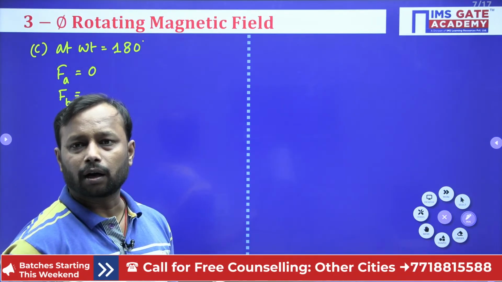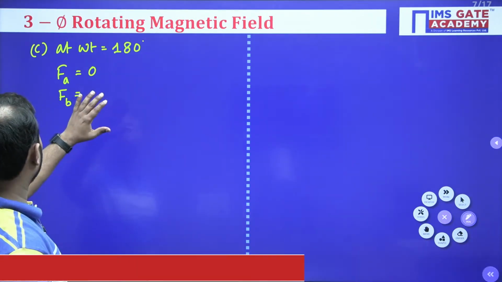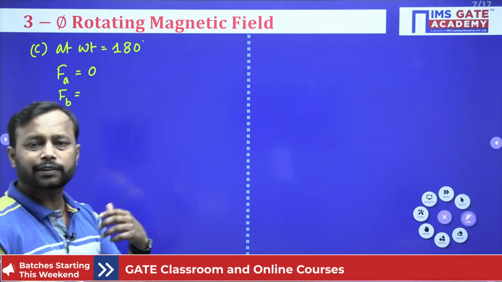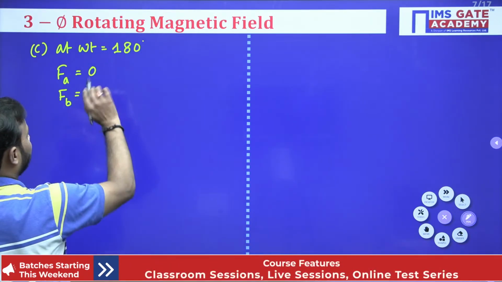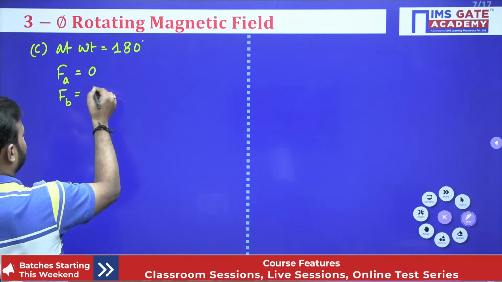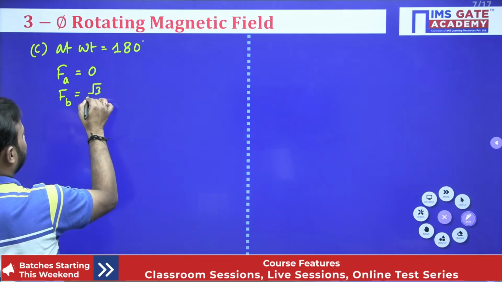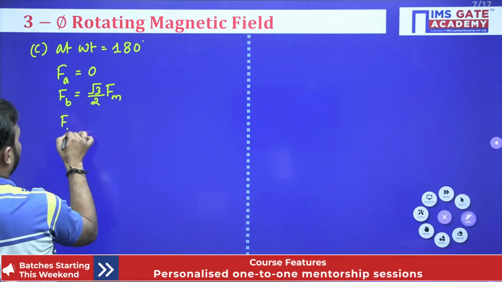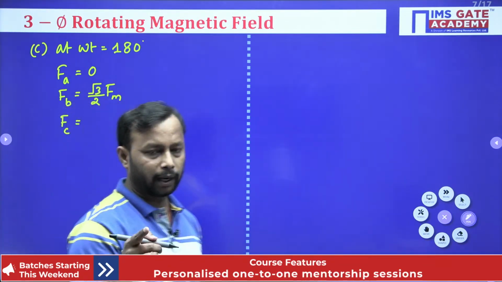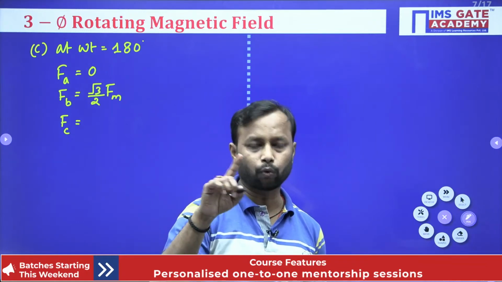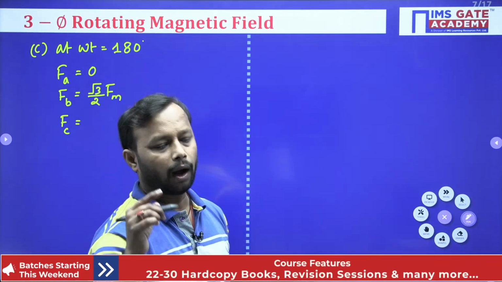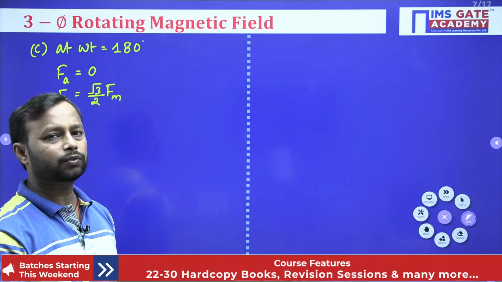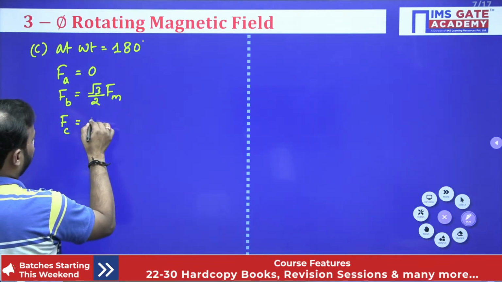All right. So what is Fb? Fm sine omega t minus 120 degree. So 180 minus 120 is 60. So sine 60 is root 3 by 2 Fm. And what about Fc? Fc is sine omega t plus 120 degree. So 180 plus 120 is what? 300. Sine 300 is what? Minus root 3 by 2 Fm.